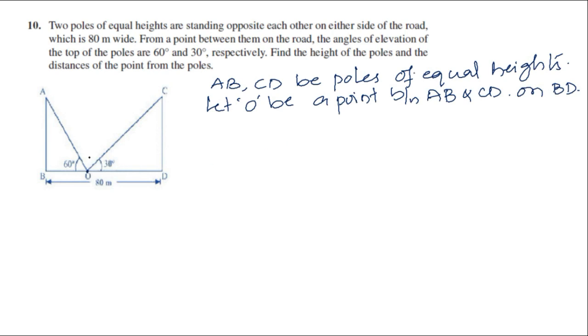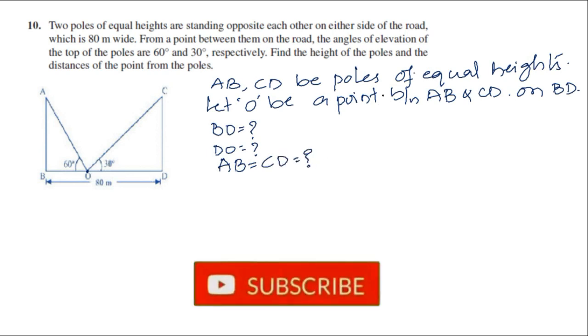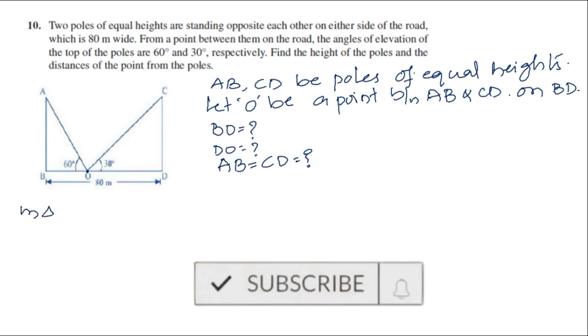From here, the angle of elevation of top of one of the pole is 60 degree, another pole is 30 degree. We need to find out BO and DO, and also the height of the poles AB equal to CD. Look at the triangle ABO.